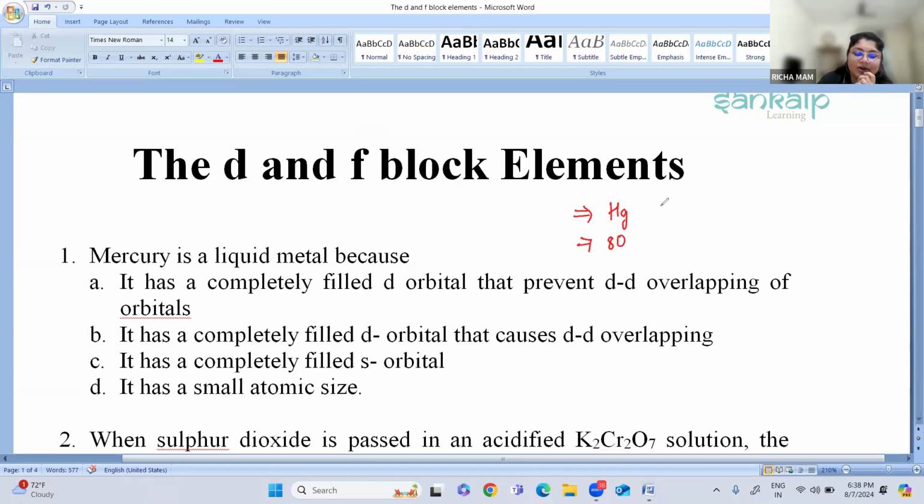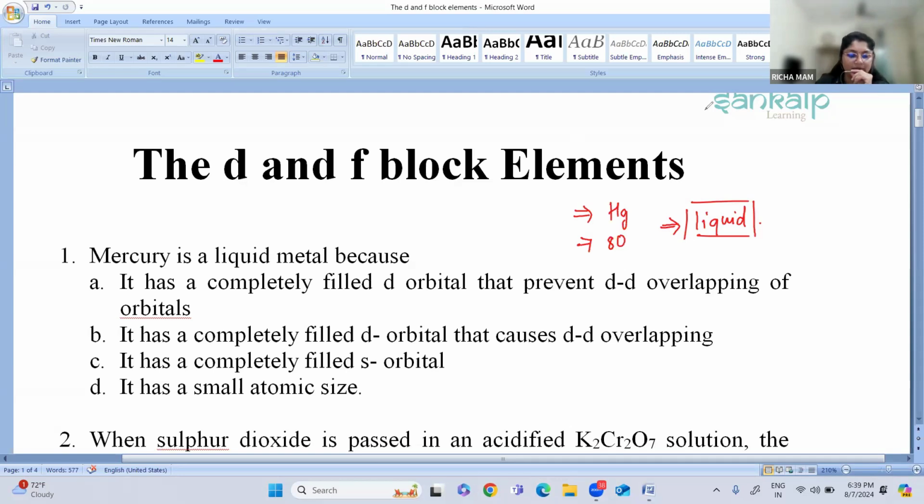It is liquid in state. It is not solid, it is liquid. Mercury is mostly seen in thermometers, right? Remember, in the thermometer you can see mercury.